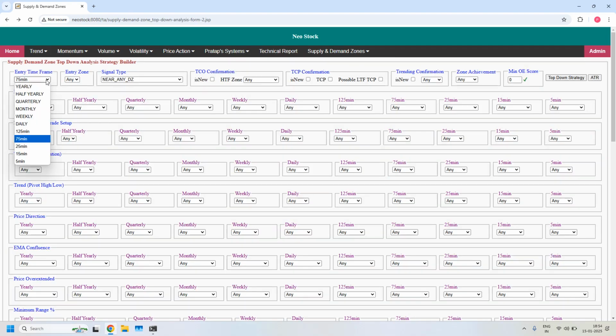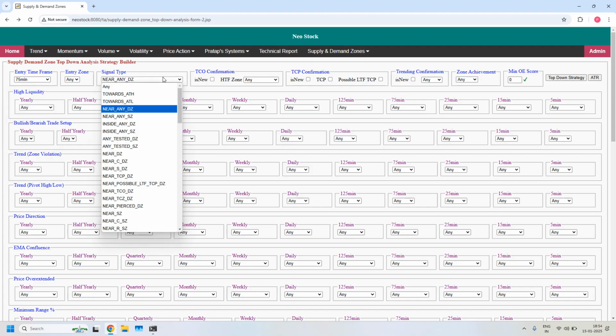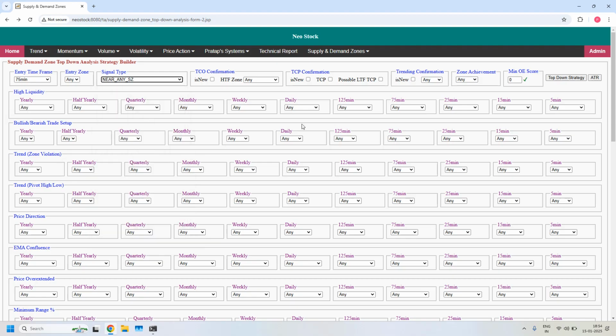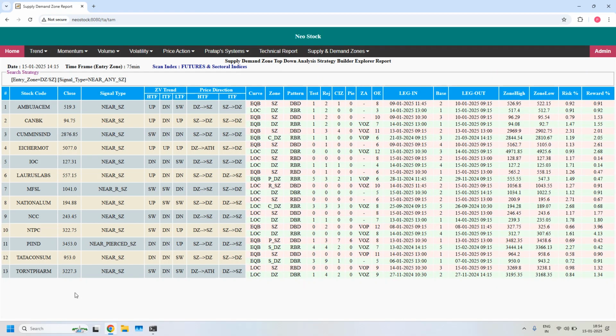Okay, next for the 75 minutes time frame, let us find the stocks near 75 minutes supply zone. We got 13 stocks. Let us identify high liquidity supply zones from this list. Oh, MFSL.